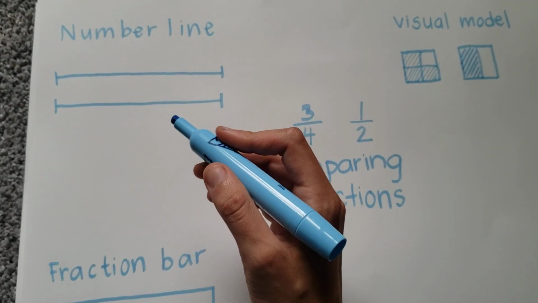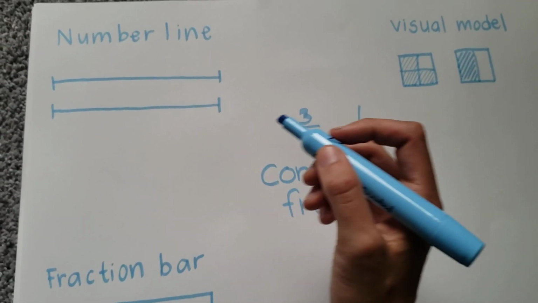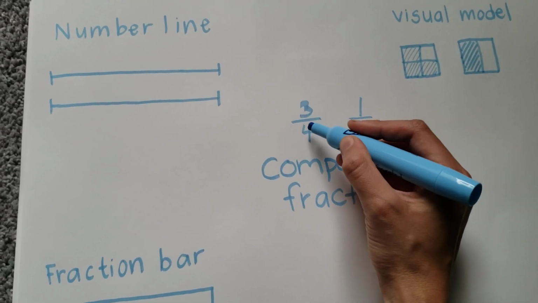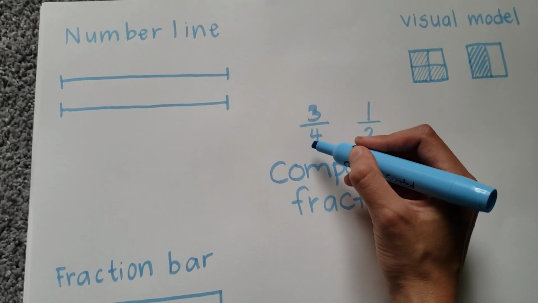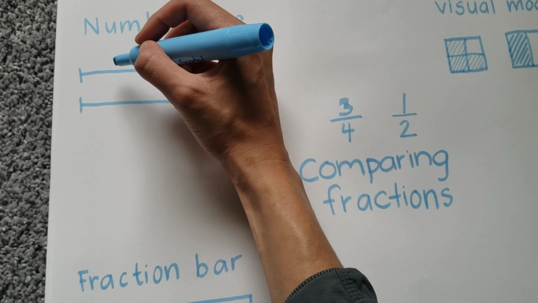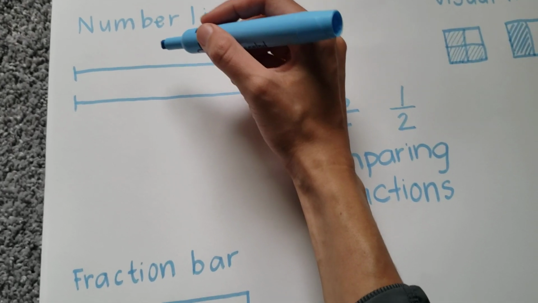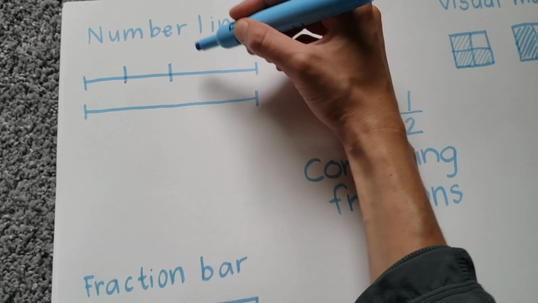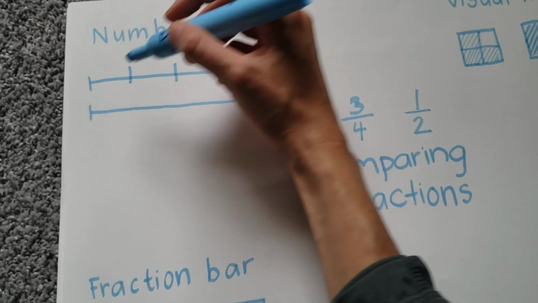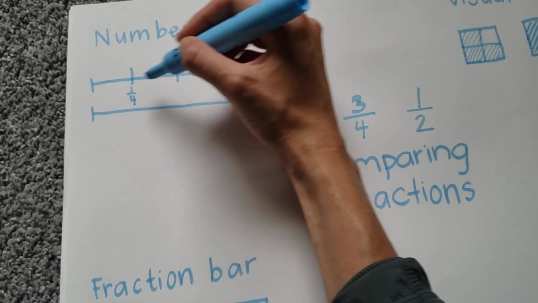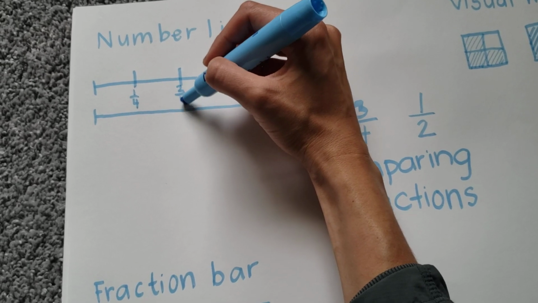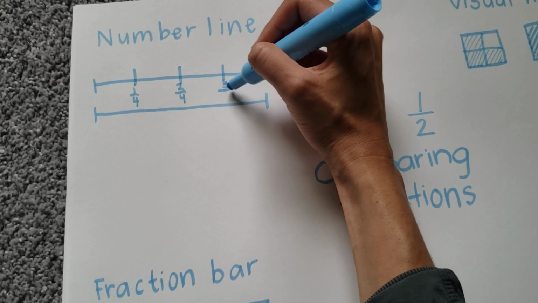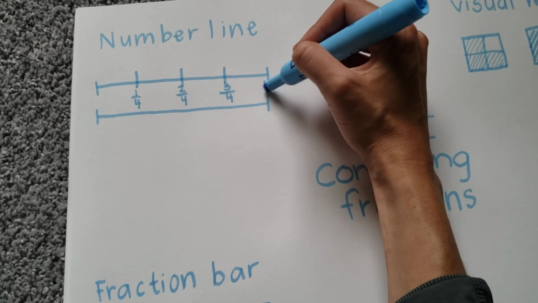So we'll also check here with a number line. The first number line I'm going to divide into 4 equal parts based on this denominator here. So I'll first break it in half and cut the half in half again to make fourths. 1/4, 2/4, 3/4, 4/4.